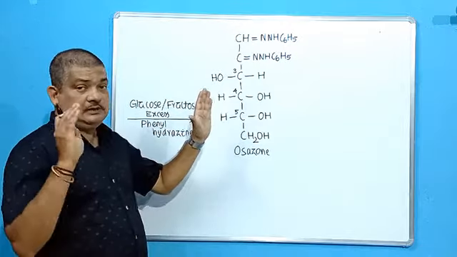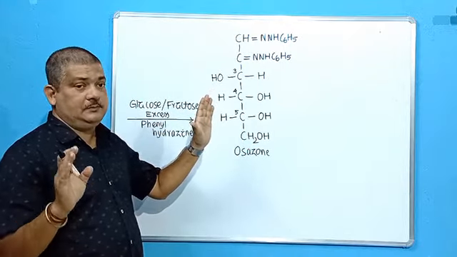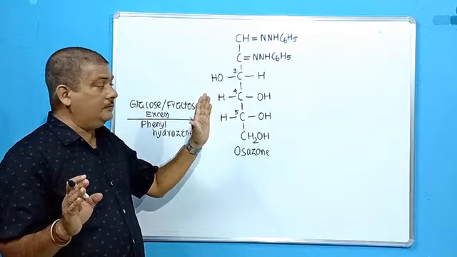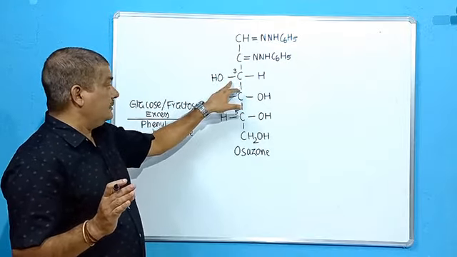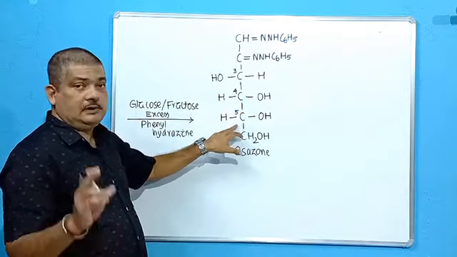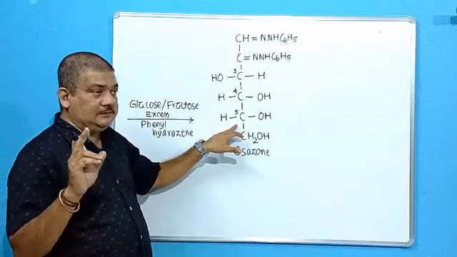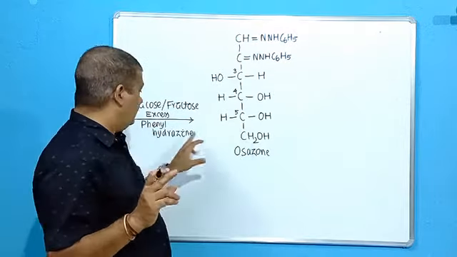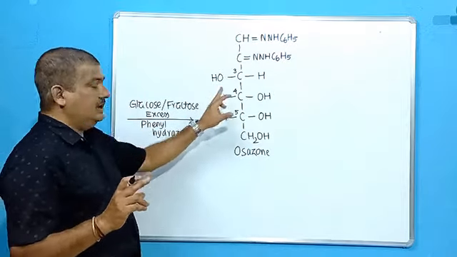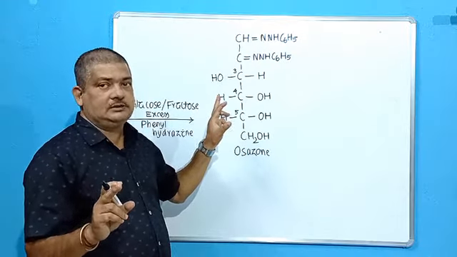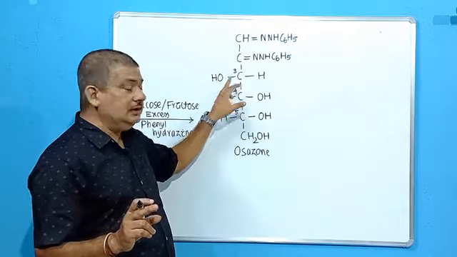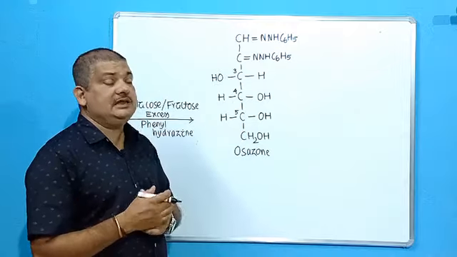It confirms that glucose and fructose have the same configuration at carbon number 3, 4 and 5. So what will be your answer? It confirms that glucose and fructose both have a similar orientation of hydroxyl group at carbon number 3, 4 and 5.